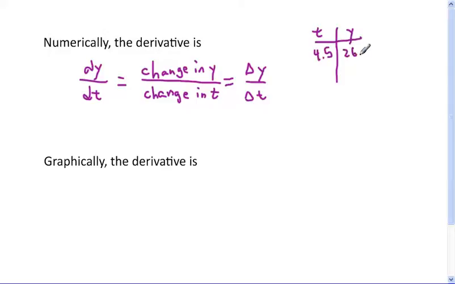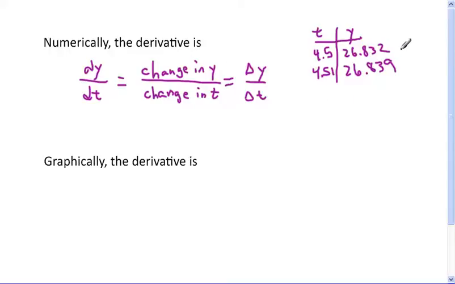Say it's 26.832. And then you would look at what it is at maybe 4.51, just a little bit later. And maybe it's 26.839.